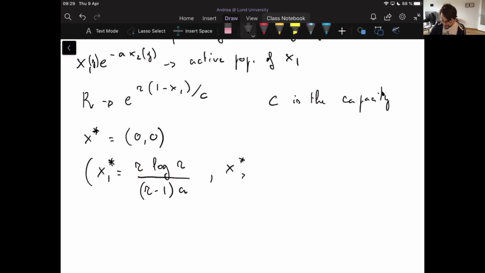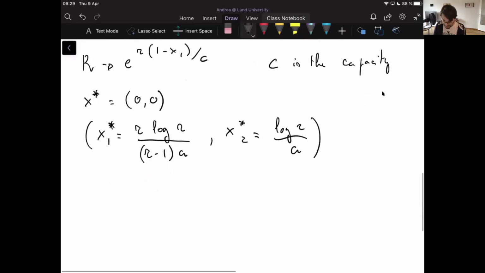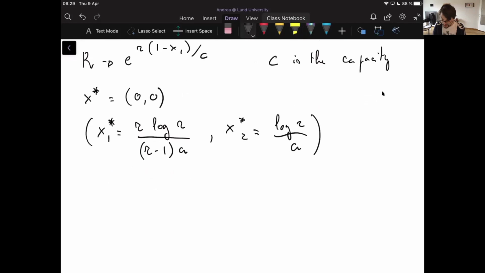So we can verify this. I will not derive it because it's a little bit boring. It has logarithm and stuff, but of course it's feasible to derive it, but we can check it just to be sure that we are dominating the set of equations. So this is host and this is parasite.